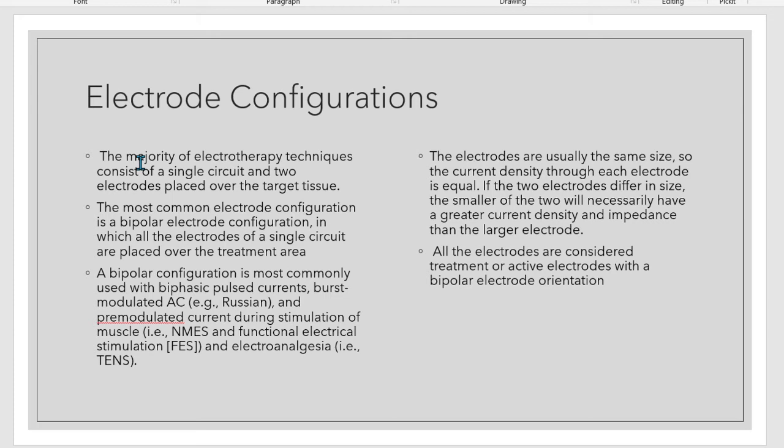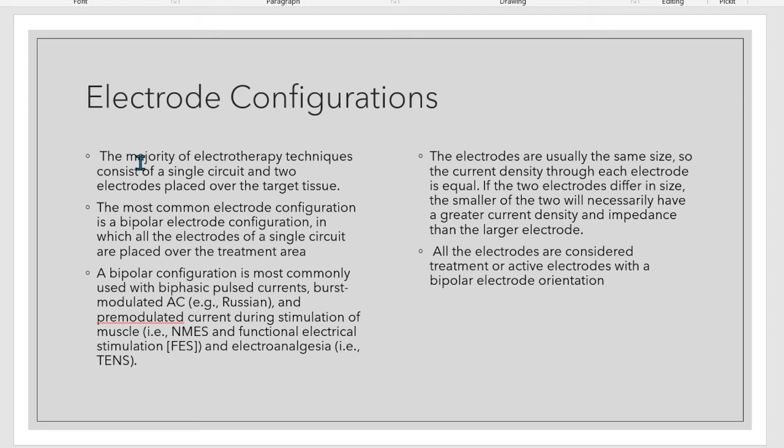Since it is biphasic, it is an alternating current, so it is bipolar. When you say bipolar, to stimulate a muscle, your electrodes are placed on the same area. That is what we call the bipolar technique.